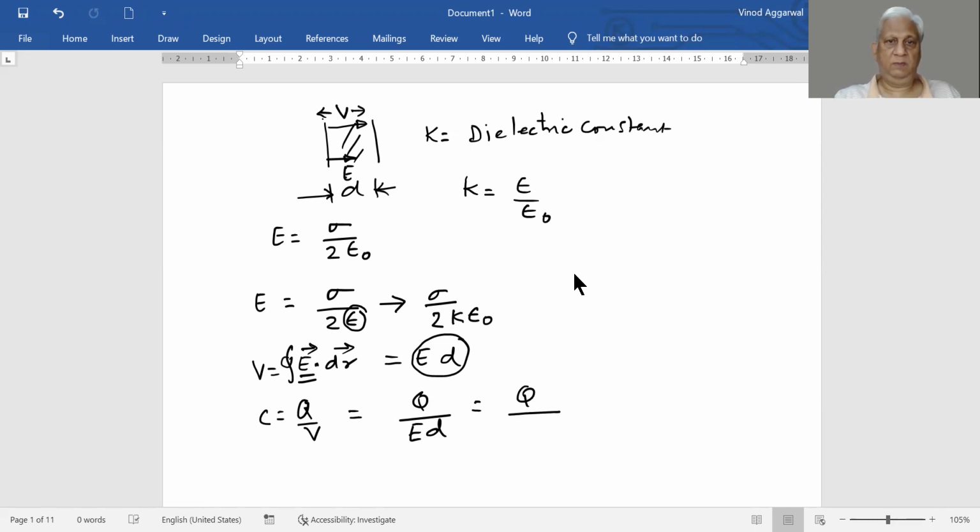We take it from here. E is sigma divided by 2 K epsilon naught, into d.